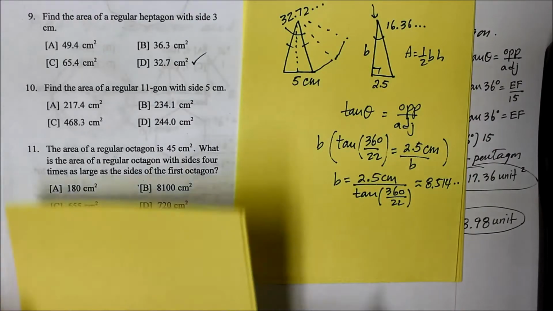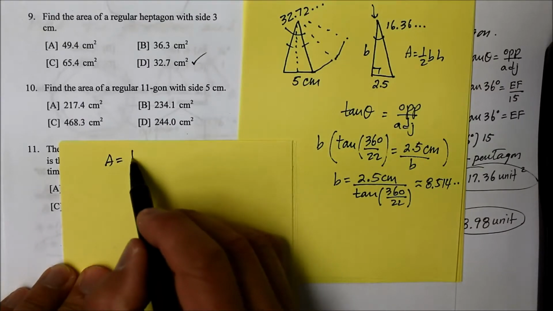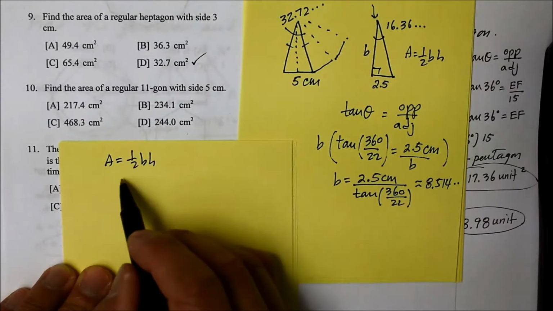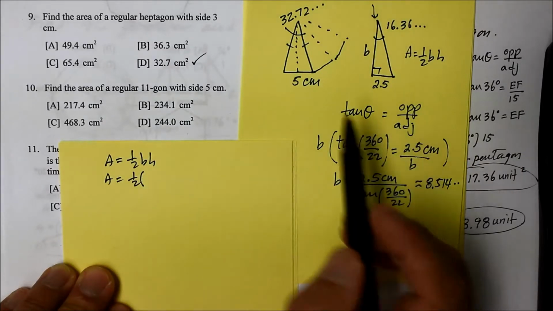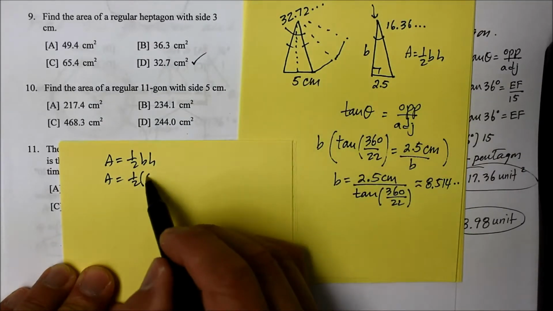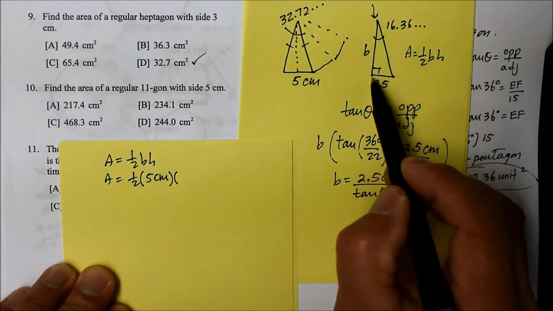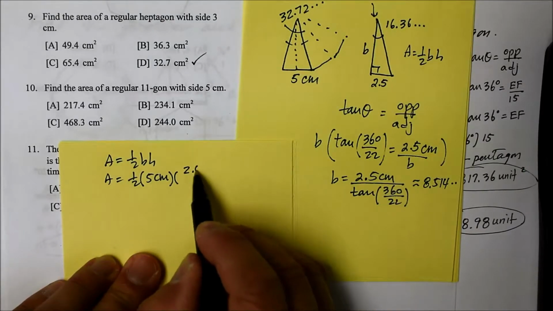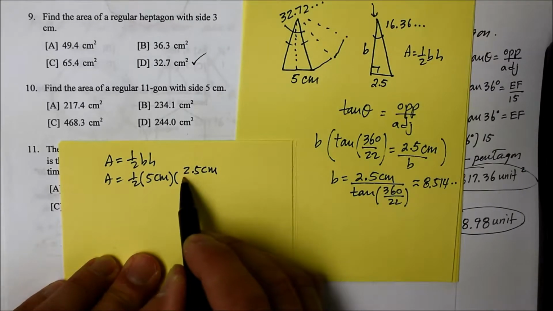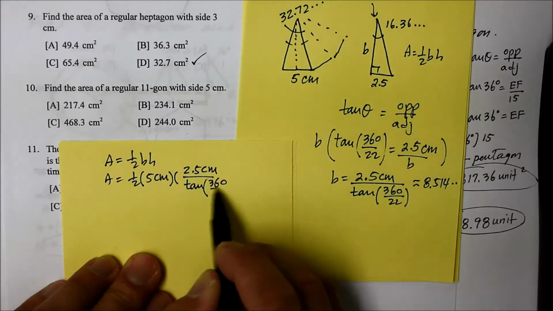What I'm going to do is go in and find the area of the triangle, which is 1/2 base times height. So area equals 1/2 times the base, 5 centimeters, times the height, which is the missing side B, given as this quotient, 2.5 centimeters divided by the tangent of 360 over 22.